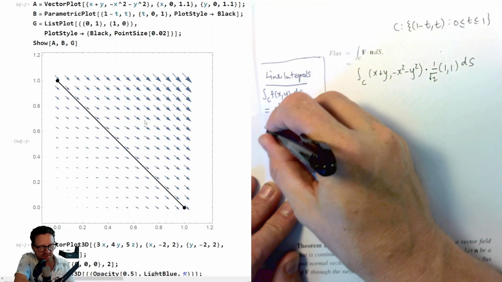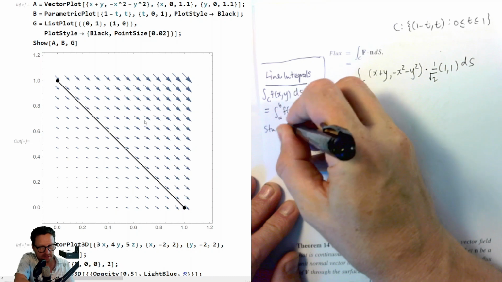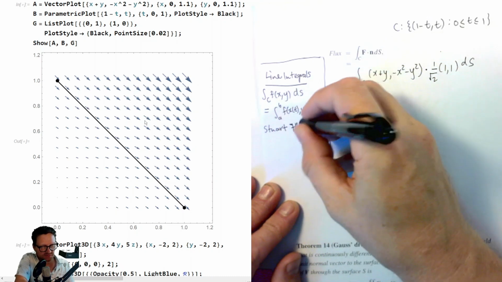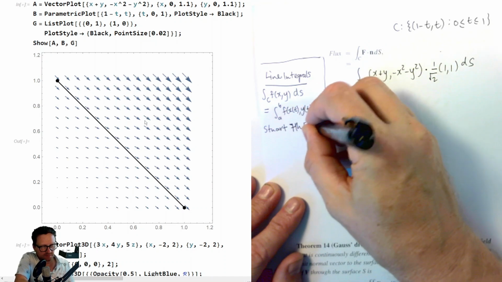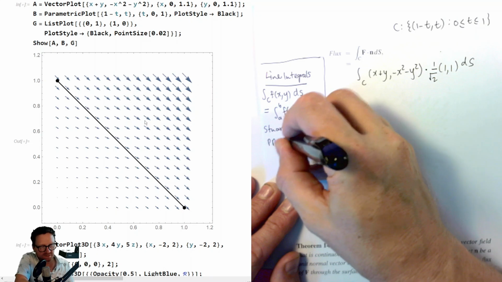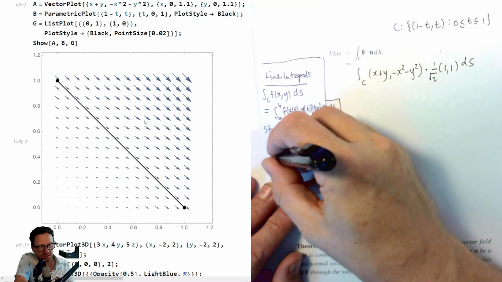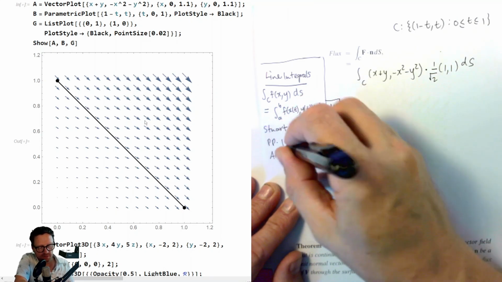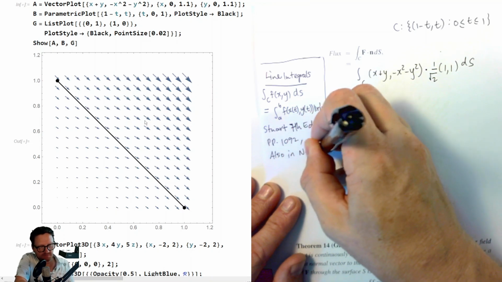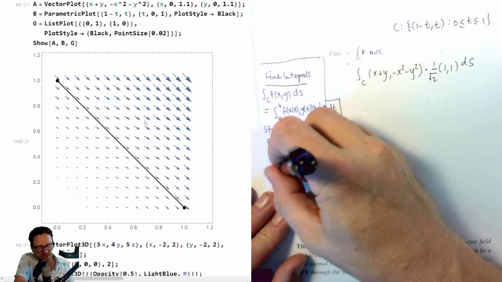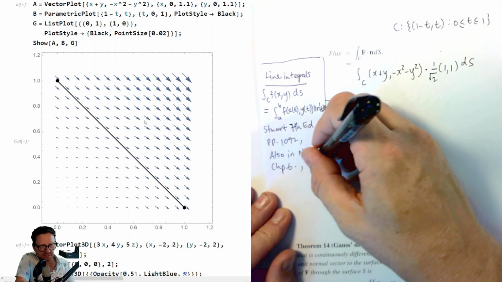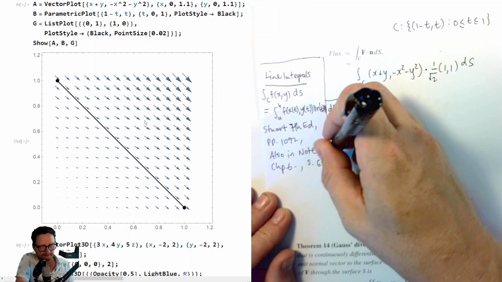Okay, and you can find this in Stewart, 7th edition. Of course, it's in the 8th edition too. That's page 1092, and also in notes, chapter 6, Section 6.4.